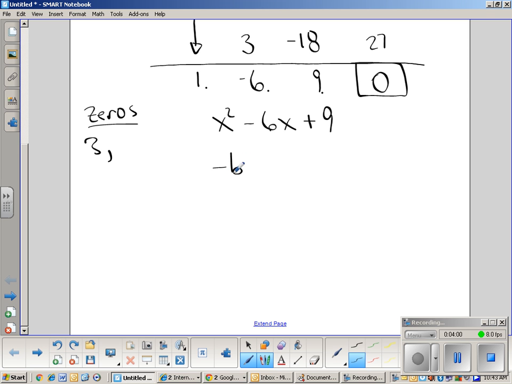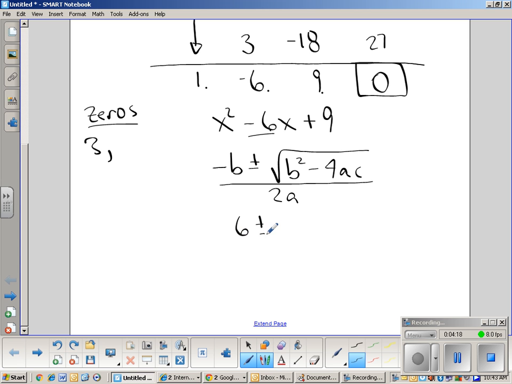Remember, opposite of b, plus or minus, square root of b squared minus 4ac, all over 2a. And so b is what? Negative 6. So the opposite of that is 6, plus or minus the square root of, what's negative 6 squared? 36.